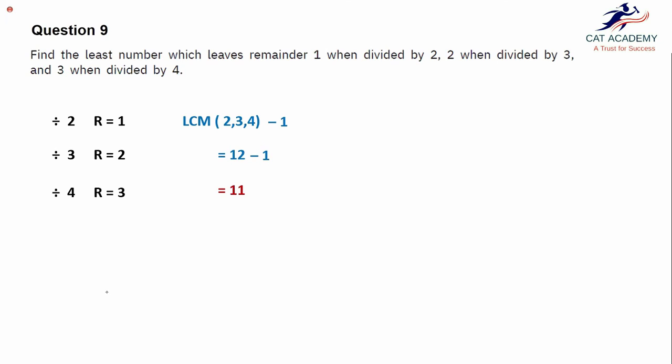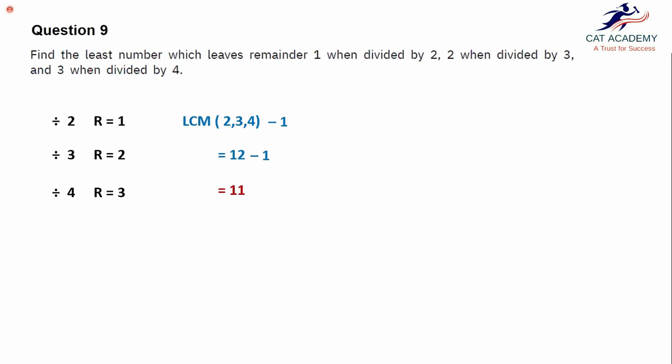Clear, everyone? Good to go? Okay. Will the difference be the same in all the questions? Not really. So we have seen two types: the one where the remainder is constant and the one where the remainder is not constant.